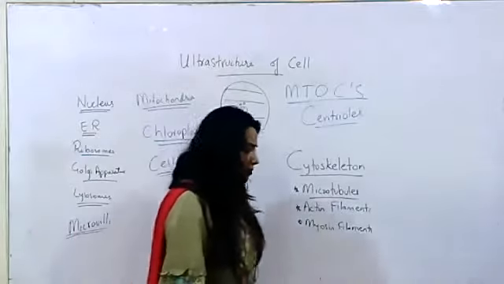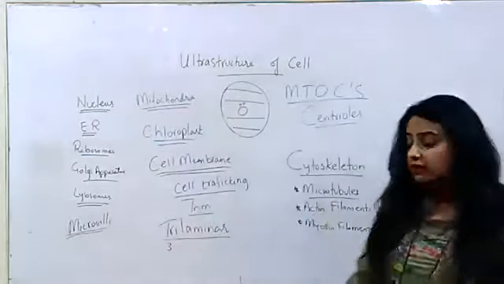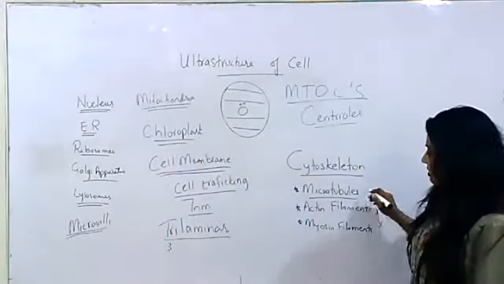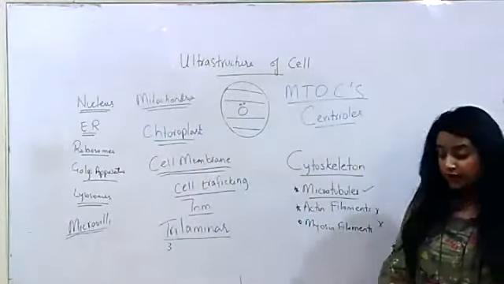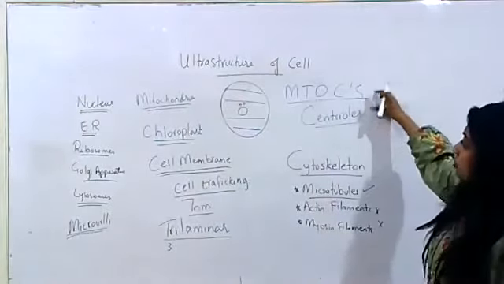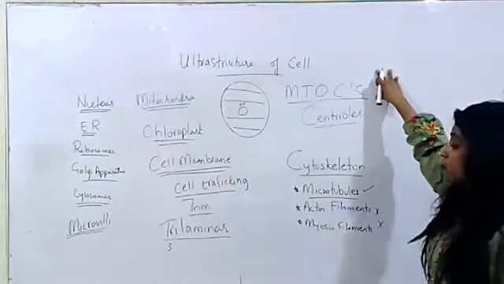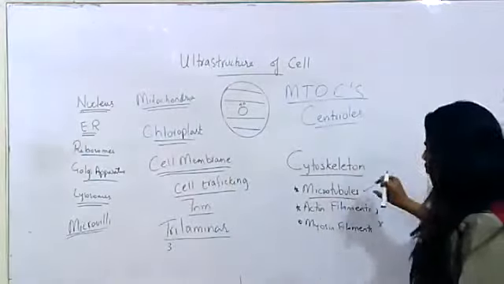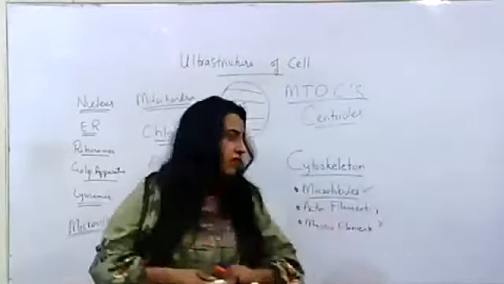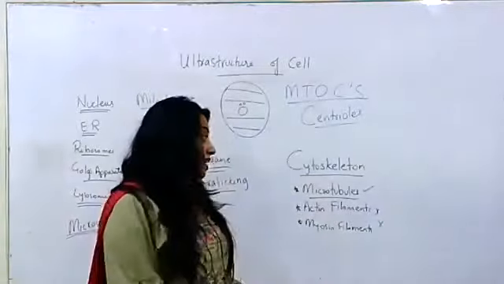Now, we will be talking about actin and myosin later on in some other chapters, but right now we will be discussing only microtubules, right? Because microtubules also make up the centrioles. They also make up the MTOCs, or the microtubule organizing centers. So what basically are microtubules? As the name indicates, they are tube-like structures, right? Made up of proteins.